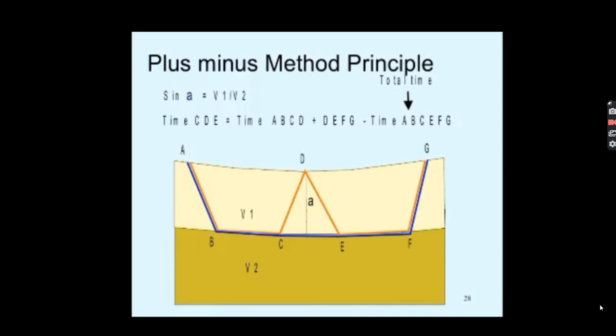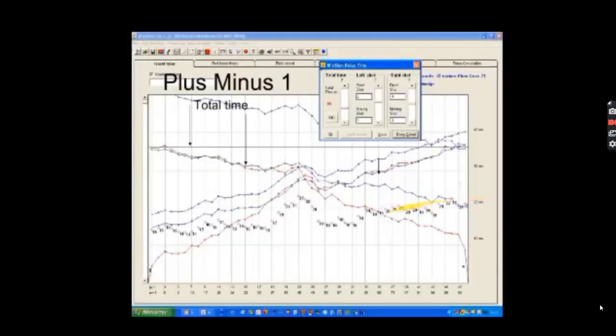Time equals time ABCD plus DFG. Then the time ABCDFG is the total time. This is a plus-minus total time example graph.